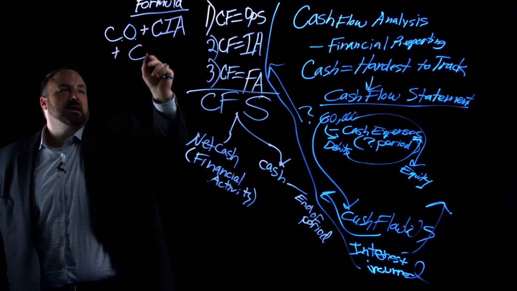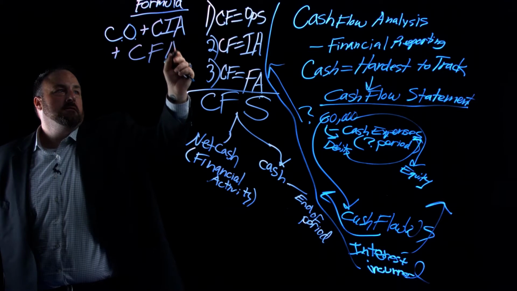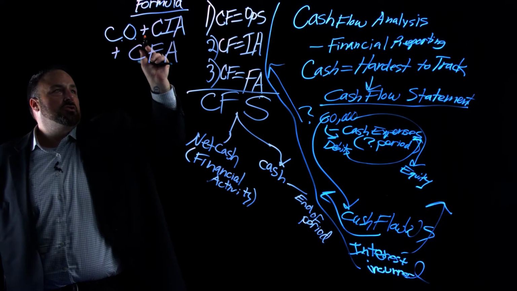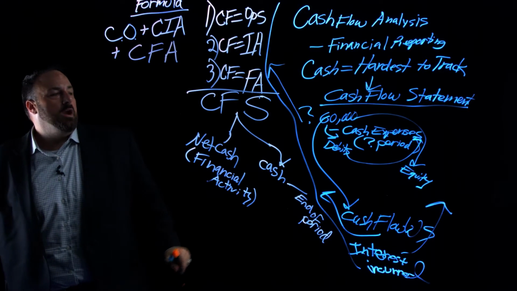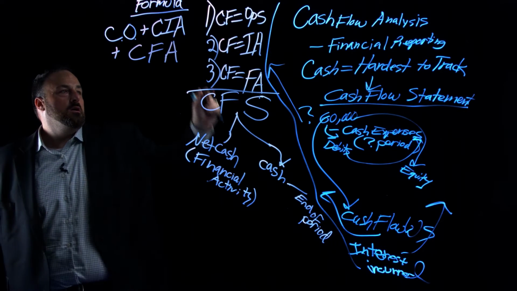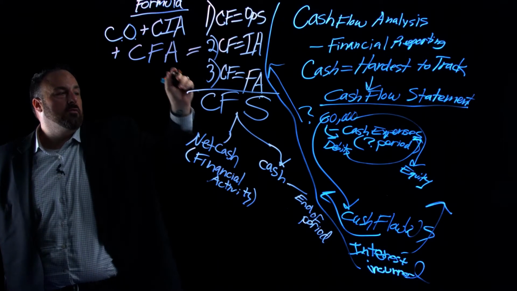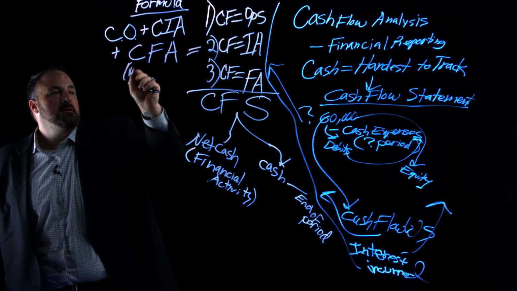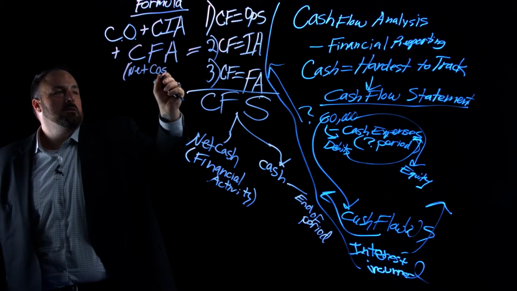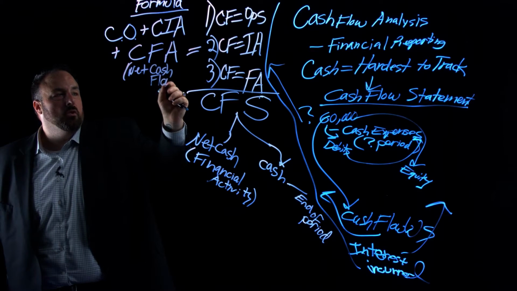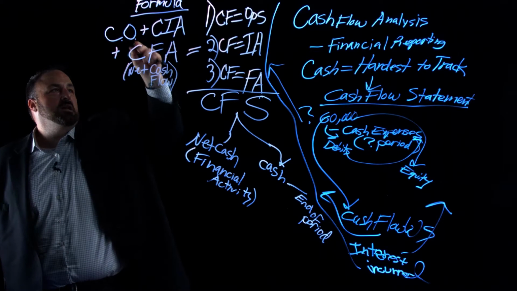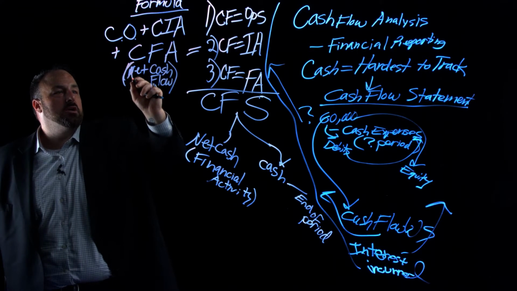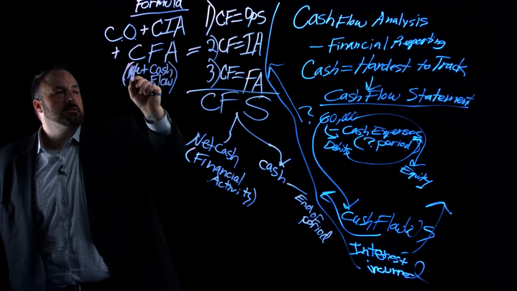Cash from financing activity. Remember, cash from financial activities is always your net cash flow, how you stay above water. Remember that. So you take these three numbers, you add them together, and make sure you recognize where you can locate them on the cash flow statement.